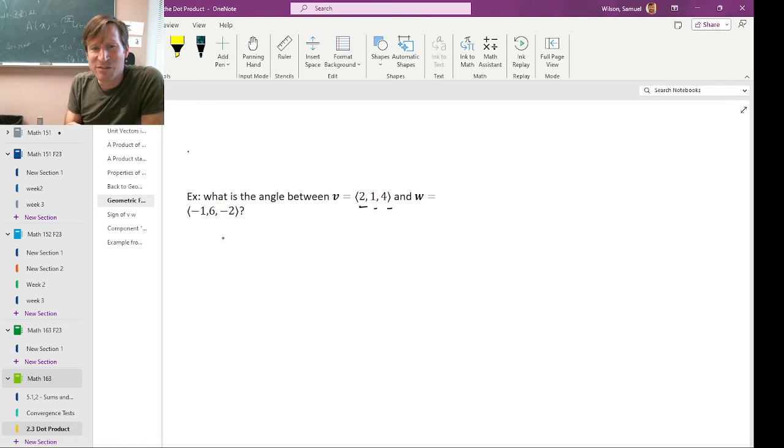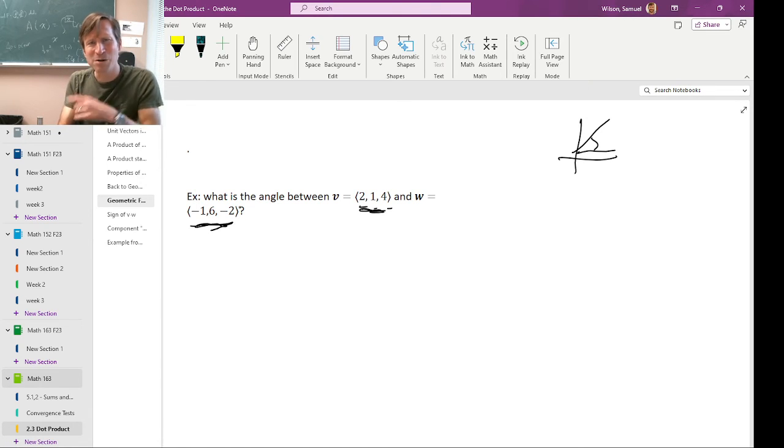In the plane, if we had two vectors in the plane, finding the angle between them would be a matter of just a little trigonometry, but these vectors are in 3D space, and I think the problem of finding the angle between two vectors in 3D space is a lot harder, right? I mean, there is some angle between them. There's some plane that contains these two vectors, and you can measure the angle in that plane, but what is that plane, and how do you actually measure that angle?